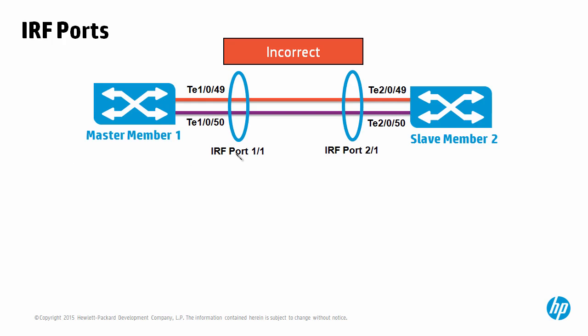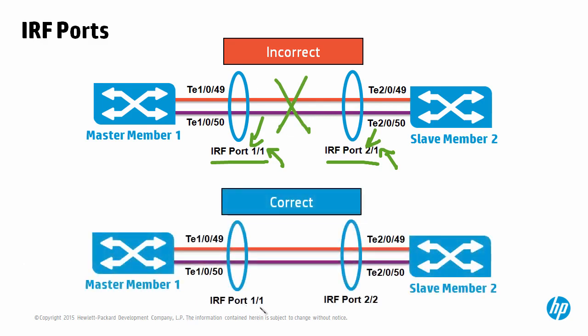So in this first example, we've got IRF logical port 1/1 connecting to IRF logical port 2/1. The first number is once again the member number, so member 1 and member 2, and the second number is the IRF port. However, you cannot connect IRF port 1 to IRF port 1, so this is an incorrect configuration.